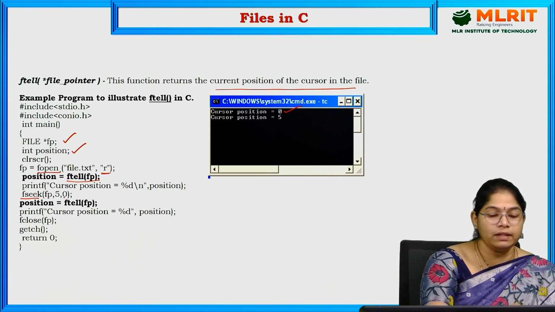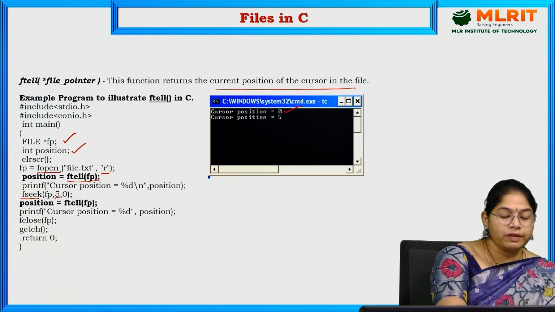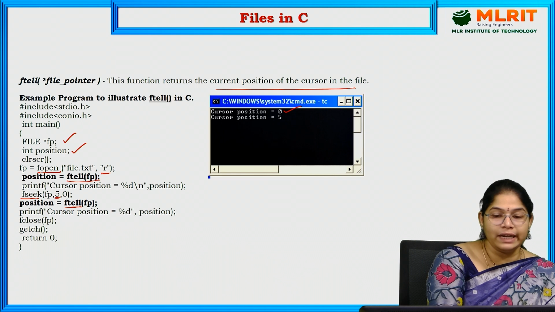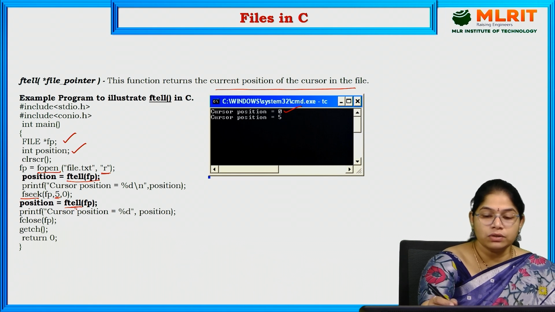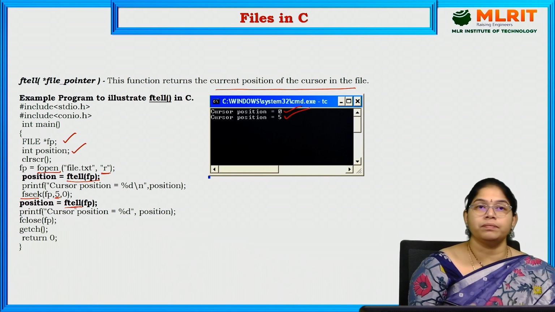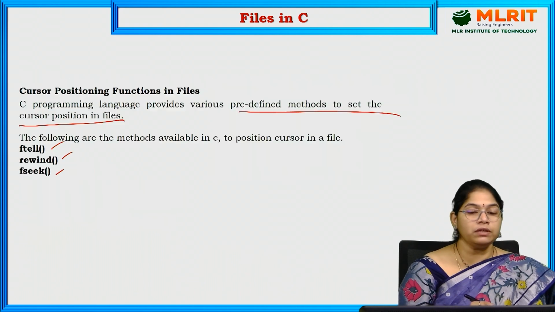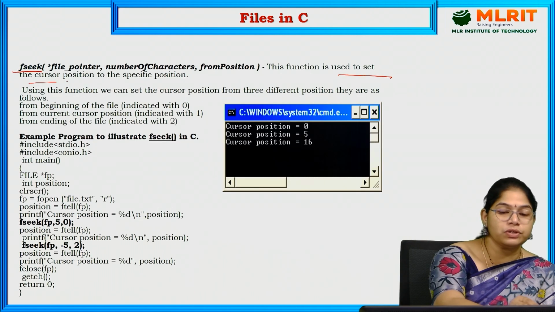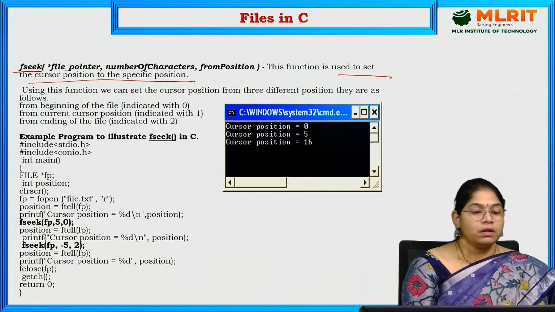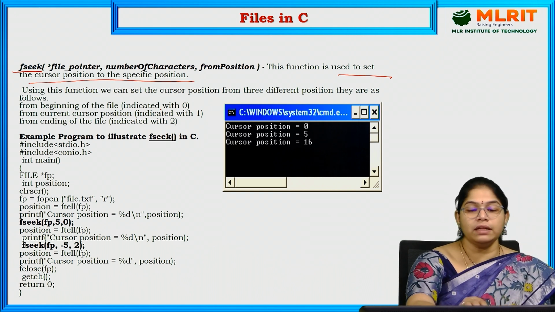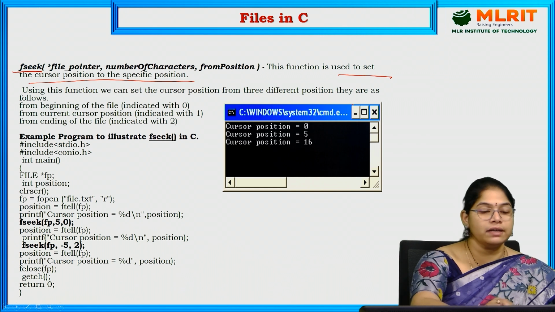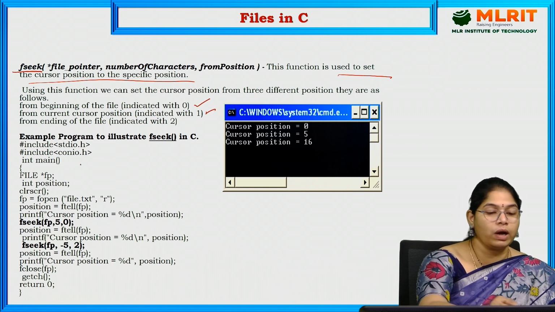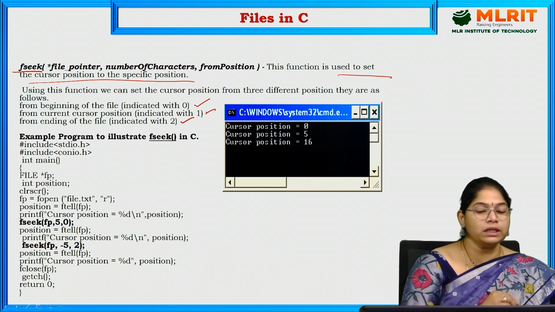I am setting that position to 5. Now after that I am using the ftell function. This will tell the current position of the cursor. So it is at the 5th position. By using the fseek function, we can set the cursor position to a specific position. Using this function, we can set the cursor position in 3 different ways: from the beginning it is indicated with 0, current position is indicated with 1 and end of the file is indicated with 2.